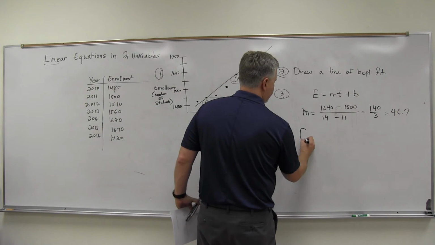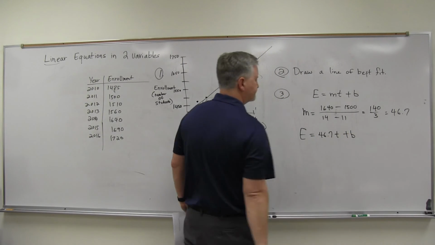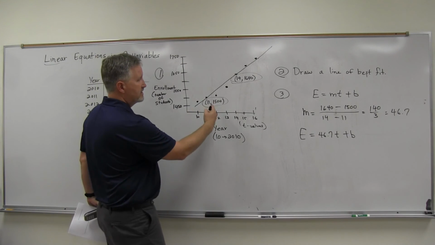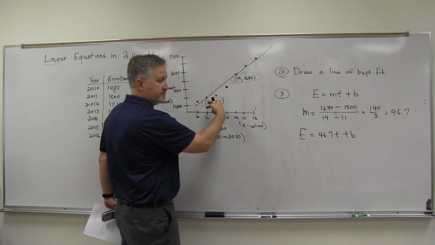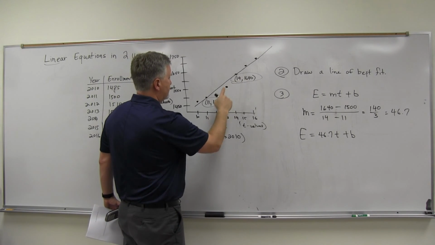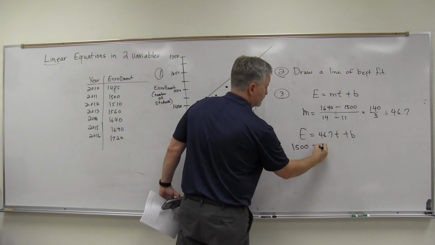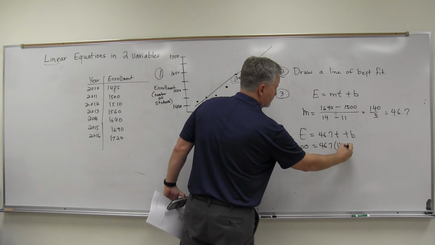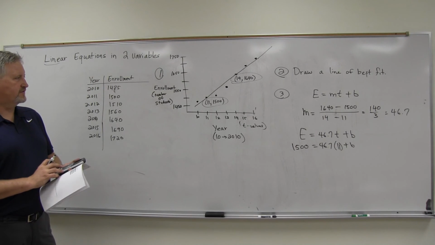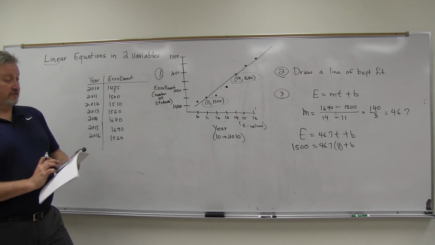All right, so now I've got E equals 46.7 T plus B. Find the B, just plug in an E and a T, right? I want to use one of the E, T pairs from these 2, not some other 2 points. So let's just go with this one. 1500 for E, 11 for T. So 1500 equals 46.7 times 11, which is 513.7.